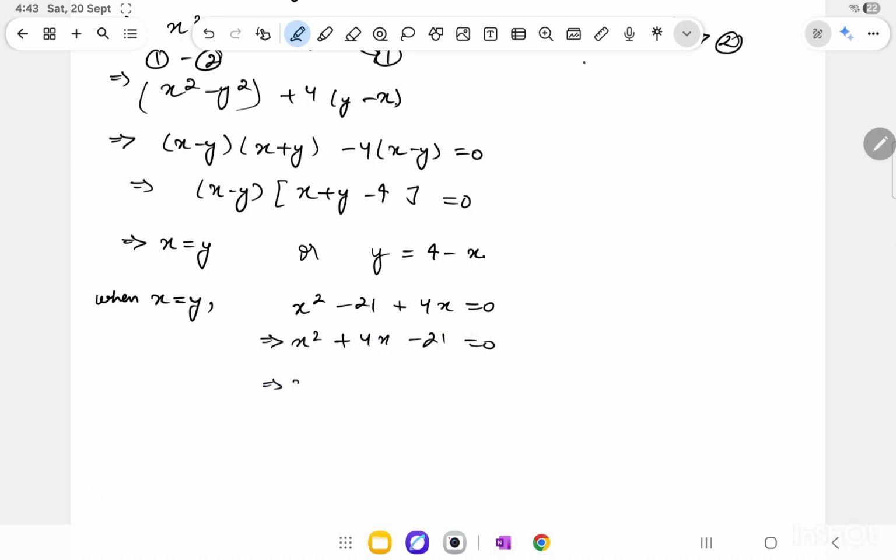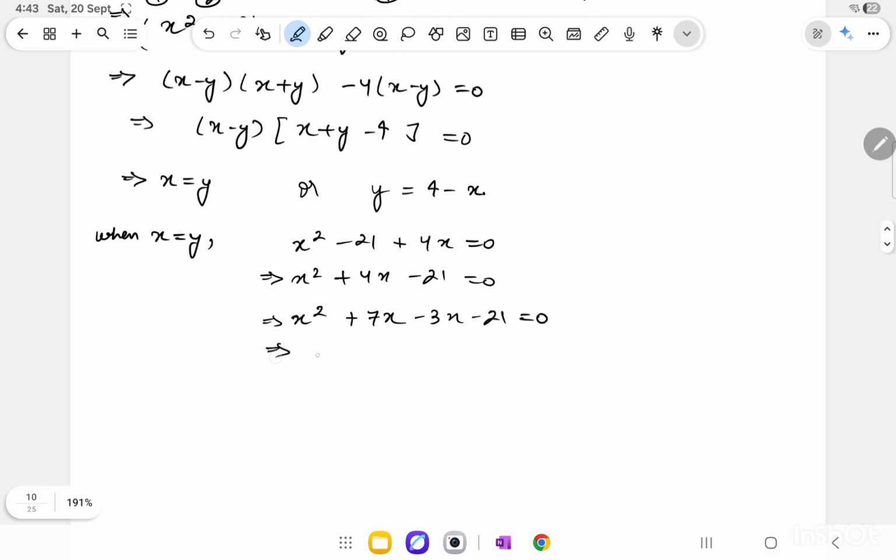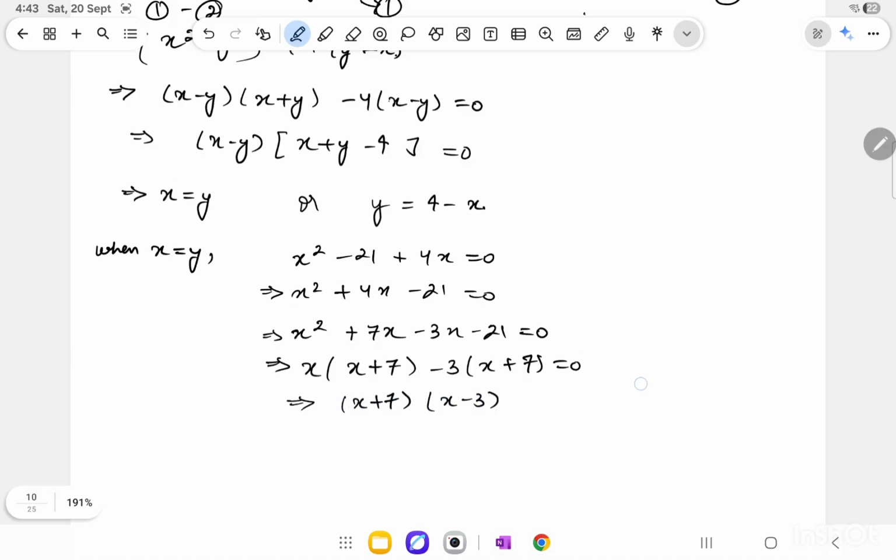So that basically gives me x square plus 7x minus 3x minus 21 equals to 0. I can pull out x, so it will be x plus 7, and if I pull out negative 3, here also I'll get a factor x plus 7. So it will be x plus 7 into x minus 3.